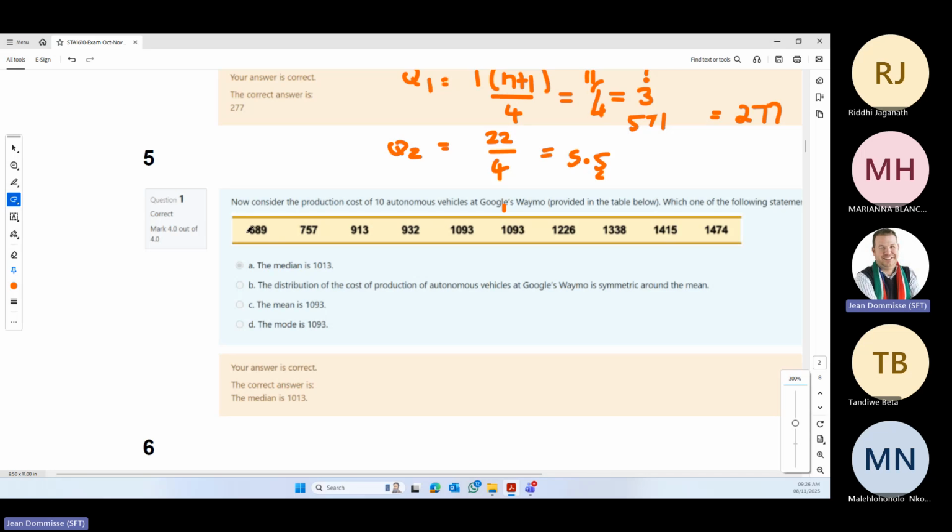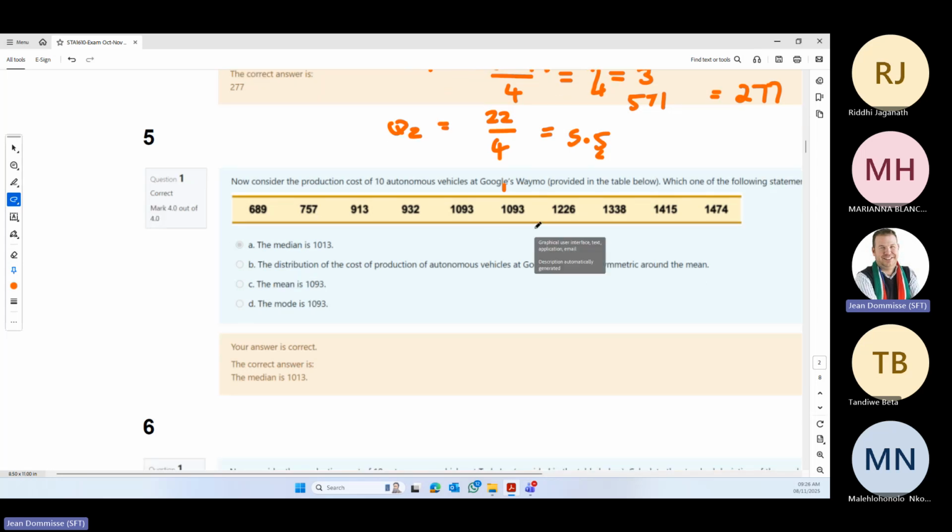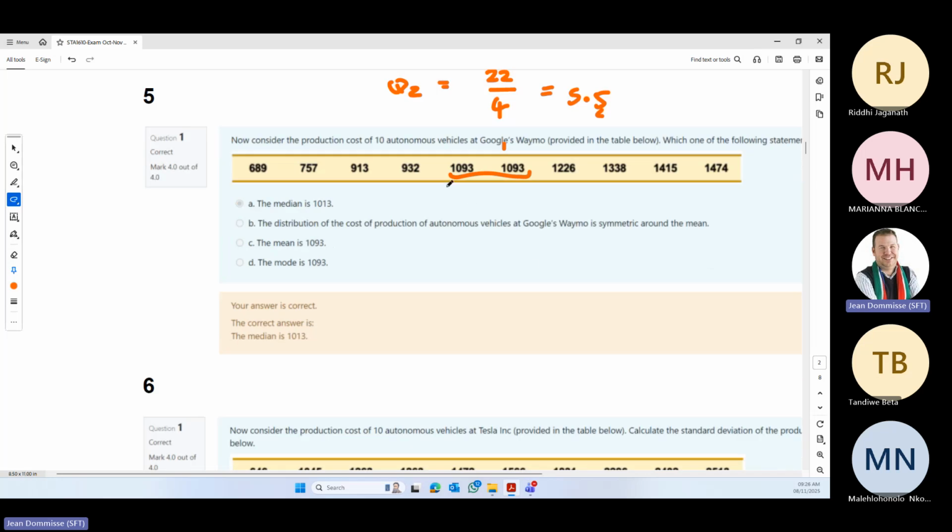Okay, so let's just see again, data is ranked. For me, the easiest one is to get the mode. Mode is the one that happens the most. So is there anything happening? There's one that's happening twice. Cool. So that is our mode.